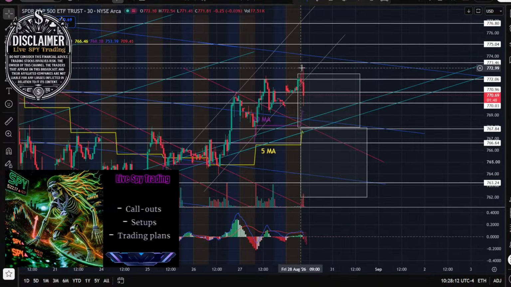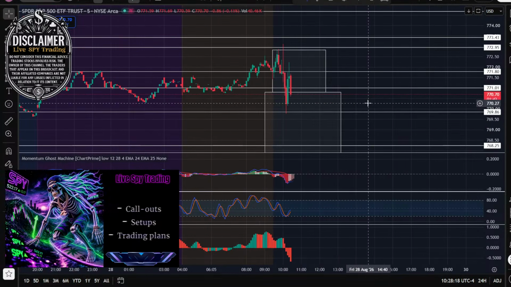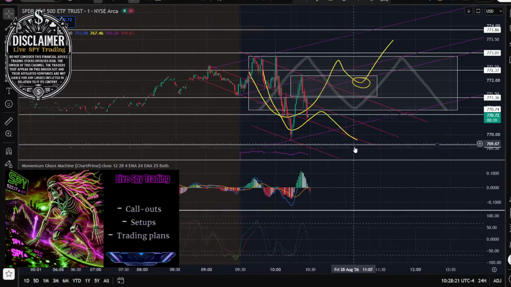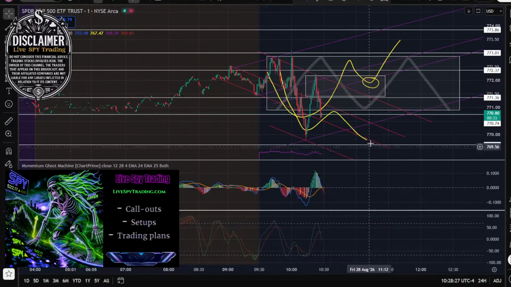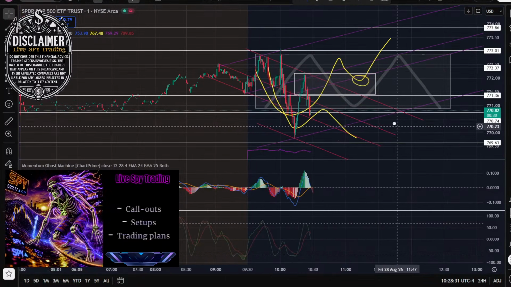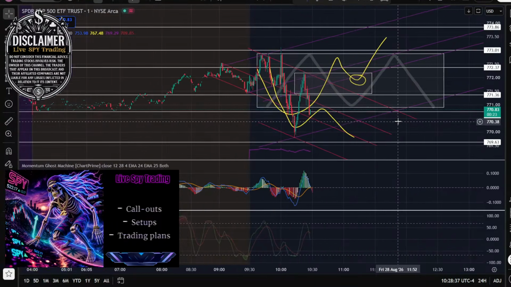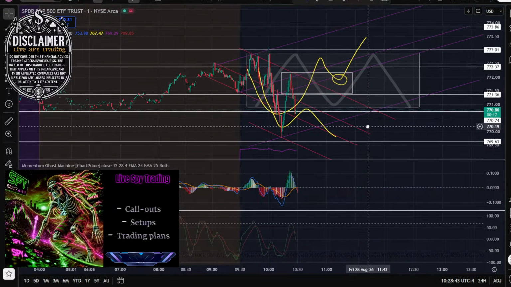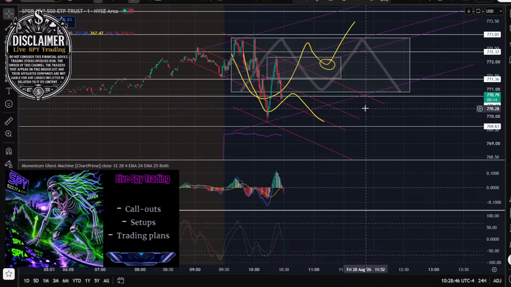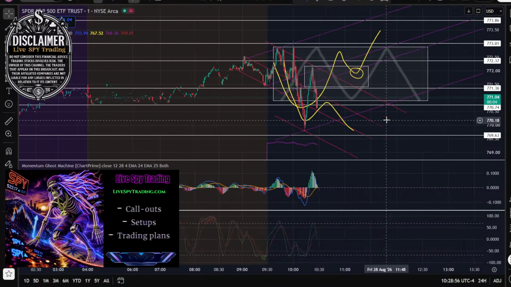We got a couple wicks on our 30-minute chart. Still below the water on the 5-minute. Below the water. This was a hell of a weak cycle right here. But this call scenario is still valid.